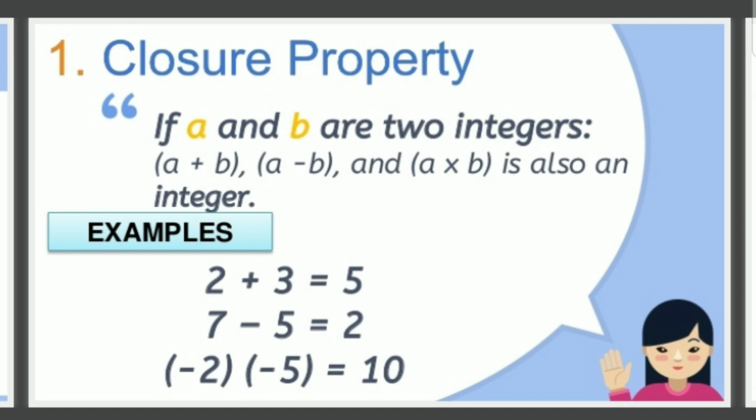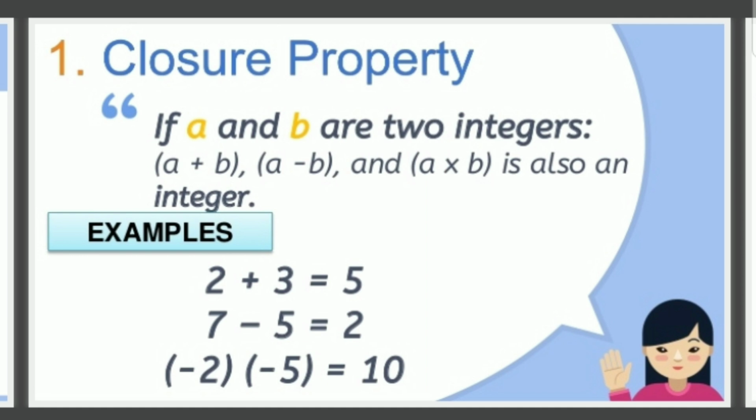Remember, integers mean positive values and negative values. 7 minus 5 is 2. Now multiplication: bracket means multiplication. Minus 2 multiplied by minus 5. Minus into minus is plus, as in the rules we discussed in multiplication and division. Negative into negative is positive. 2 fives are 10.